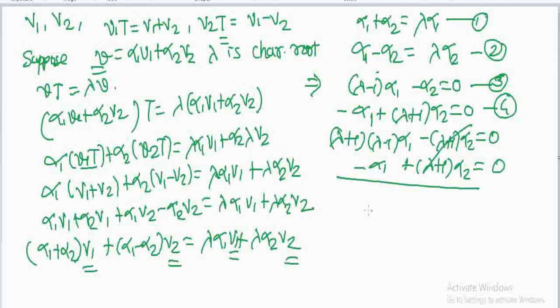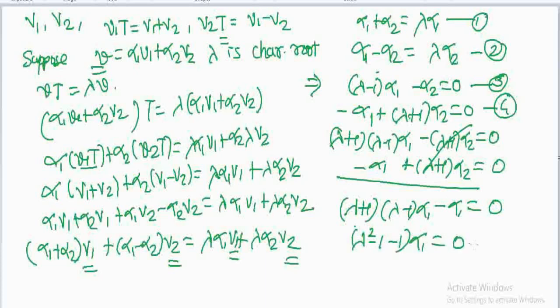Addition gives cancellation, and we get lambda plus 1 into lambda minus 1 into alpha 1 minus alpha 1 equal to 0. This is nothing but lambda square minus 1 and this minus 1 into alpha 1 equal to 0. So here alpha 1 is not equal to 0. That means that lambda square minus 2 equal to 0, right?